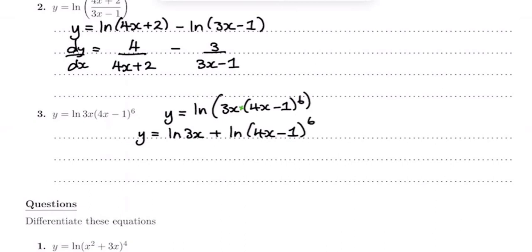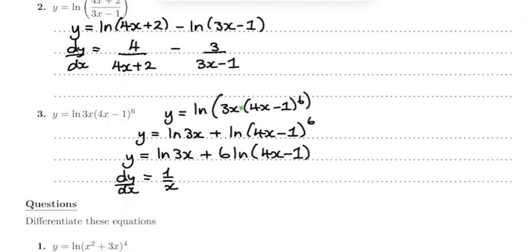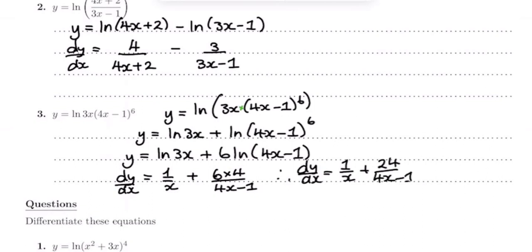Now I know some of you can probably do this all in one fell swoop. Natural log of 3x plus 6 natural log of 4x minus 1, and then we're going to differentiate it. So dy/dx gives us, well, it's going to be 3 over 3x, which of course is 1 over x, plus, and then we're going to get 6 times 4 over 4x minus 1. So therefore, dy/dx equals 1 over x plus 24 over 4x minus 1.